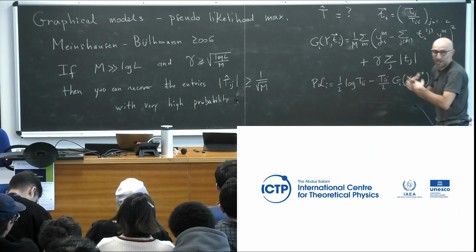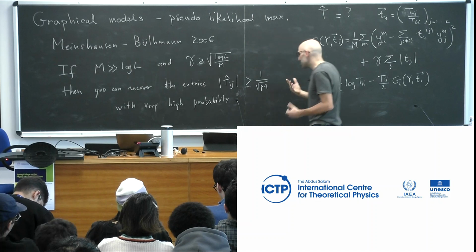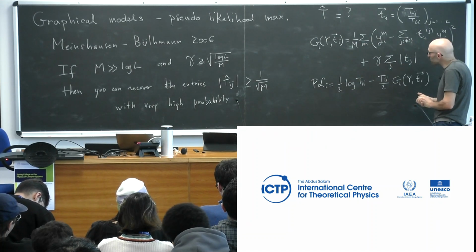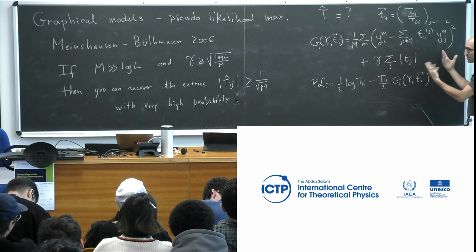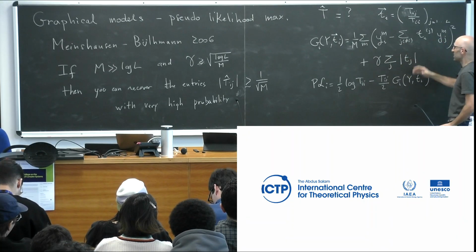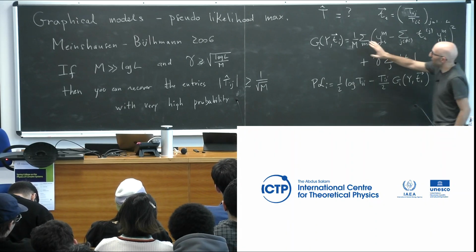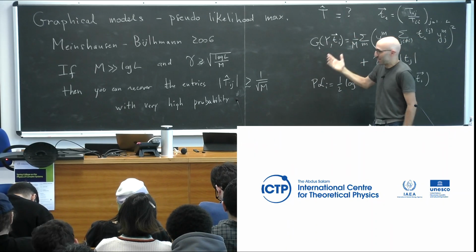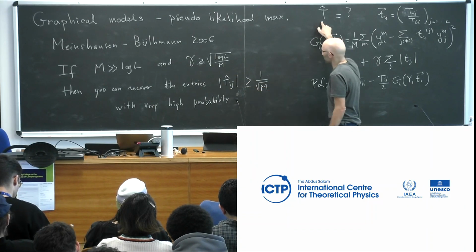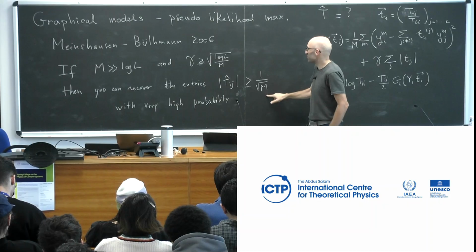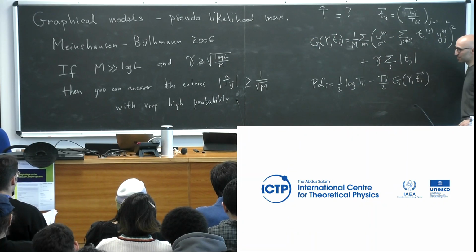You don't have many data, but you have enough data, much more than logarithm of L. So if you have enough data, your C is going to be noisy, so the data are noisy, but still, if you regularize and you maximize the pseudo likelihood, you get an estimator for t hat, and with very high probability over the noise, the entries of t hat that are bigger than 1 over square root of m will be identified by your estimator, okay?